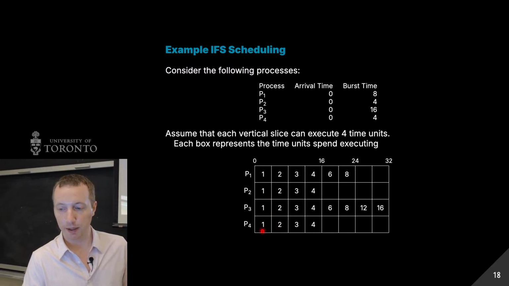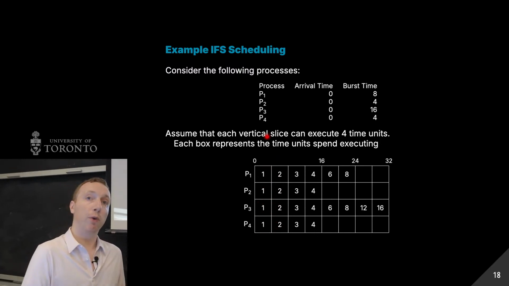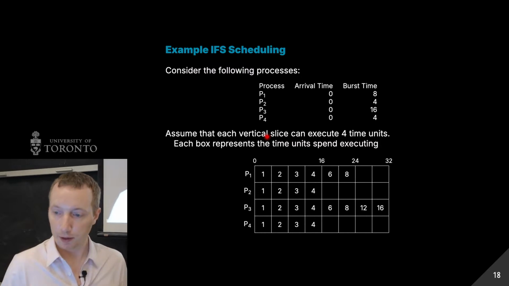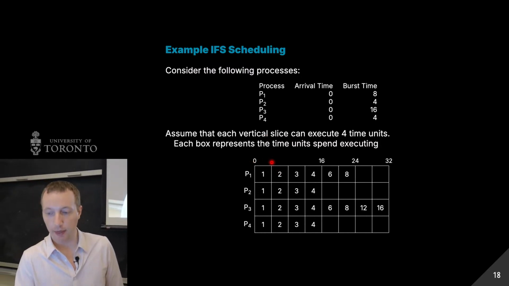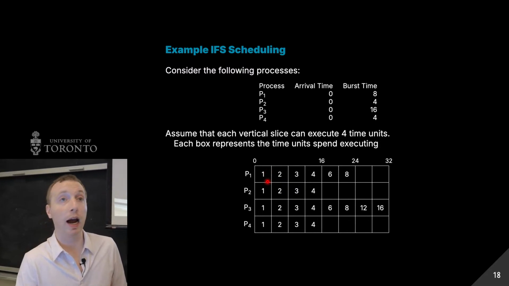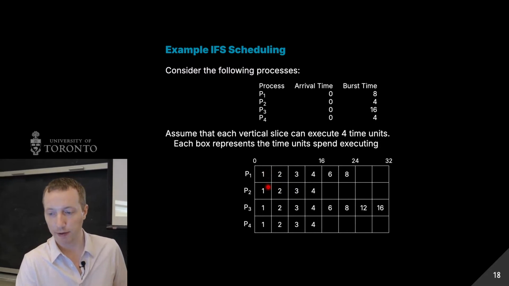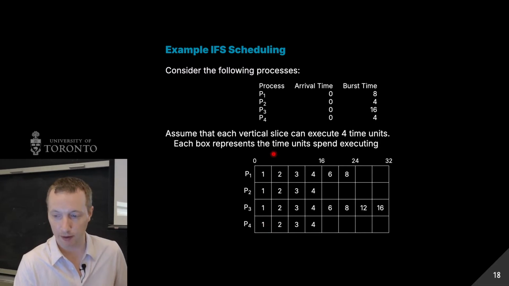So each column here represents 4 units of CPU time. This would go from 0 to 4 time units. And then in the box, I put in how long each process has been executing on the CPU.